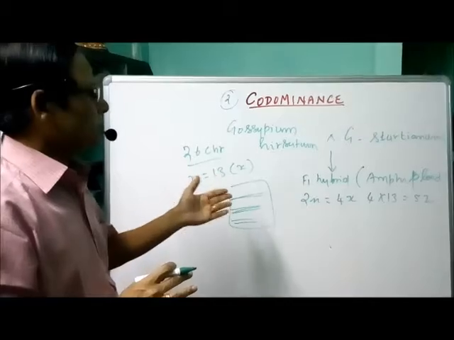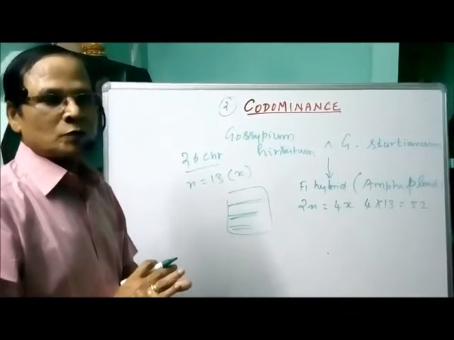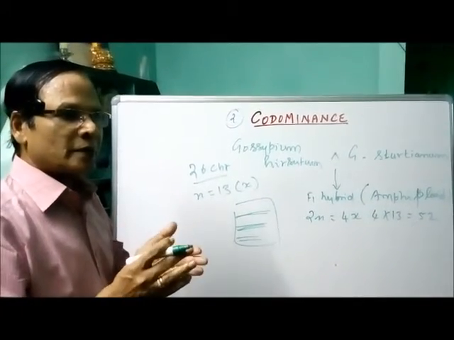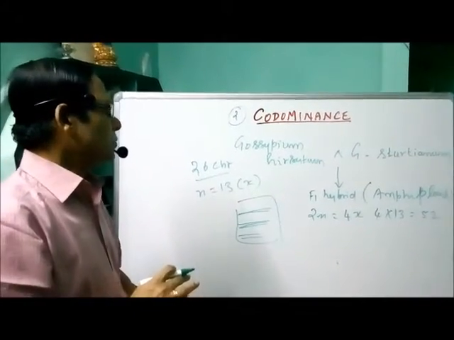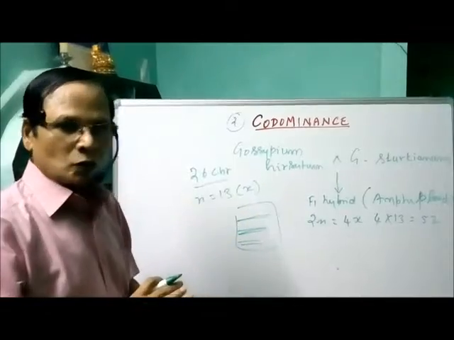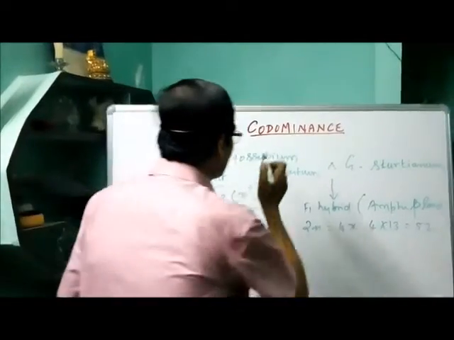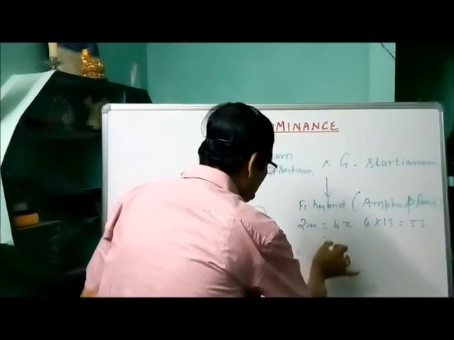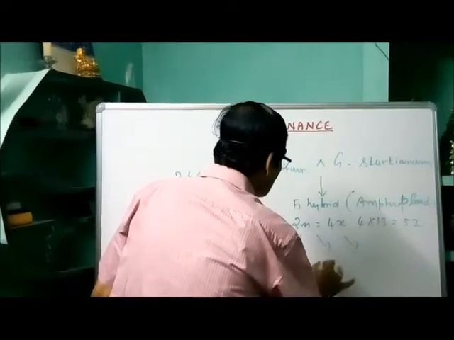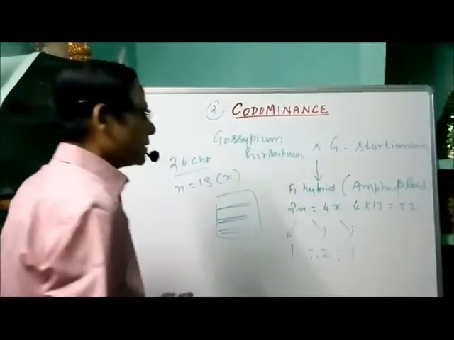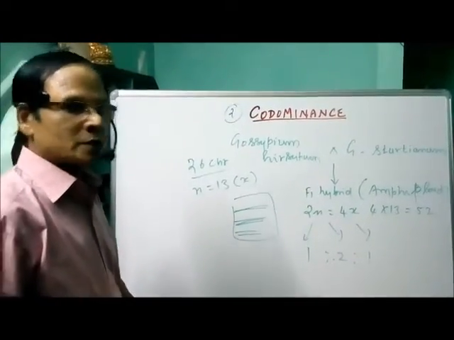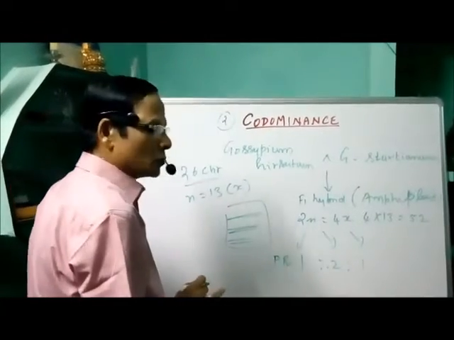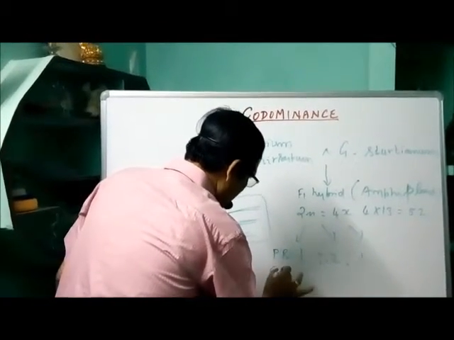In the case of codominance, when F1 plants are crossed, we get the ratio 1:2:1. As in the case of incomplete dominance, here also we get the phenotypic ratio 1:2:1 and an identical genotypic ratio of 1:2:1.